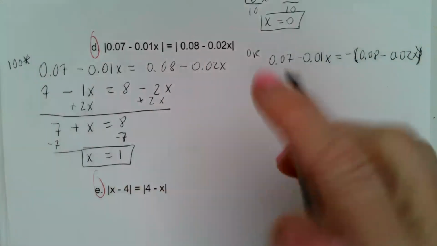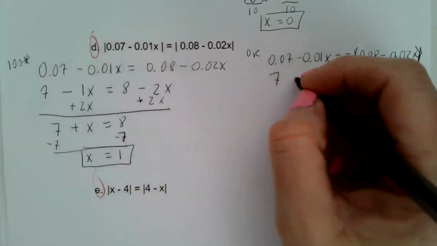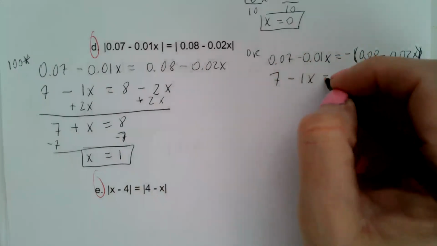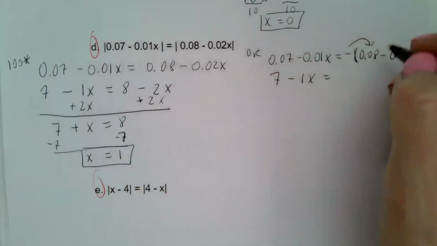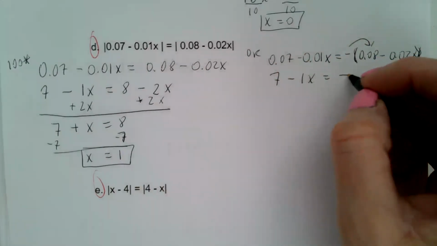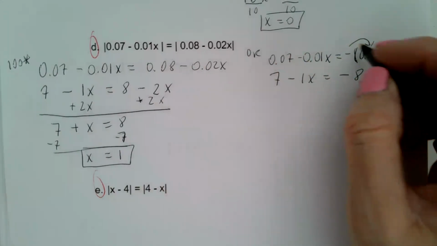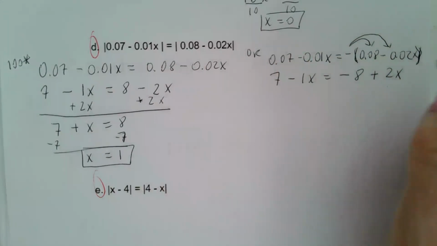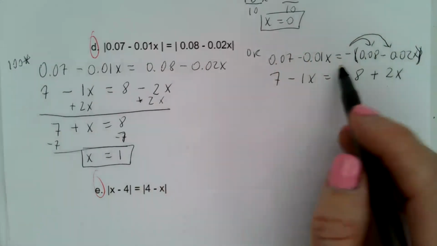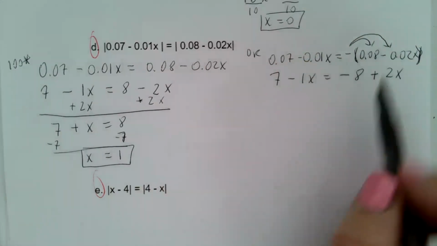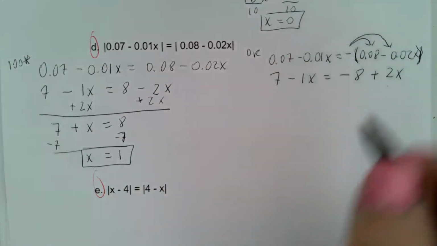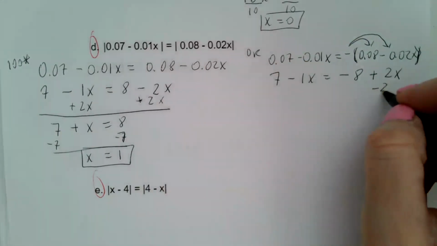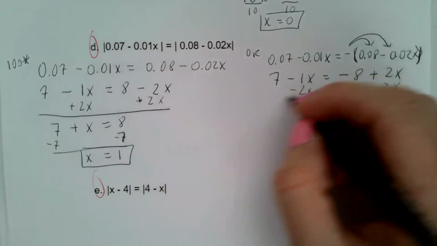Now, likewise, I'm going to multiply through by 100. So I'll have 7 minus 1x equals, and this is a negative, so it'll be a negative 8 plus, because a negative multiplied here, 2x. Distributing the negative because we had to do the same equals the opposite. Now again, I'm going to get my x's to the left, but this time I'm subtracting 2x.